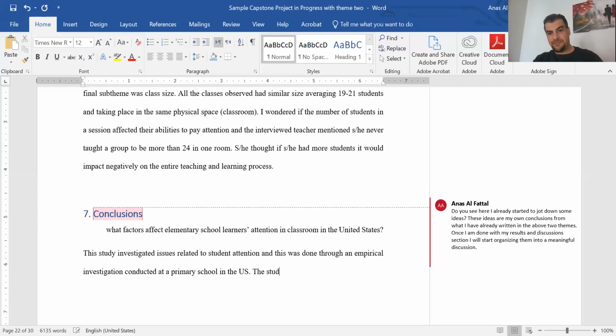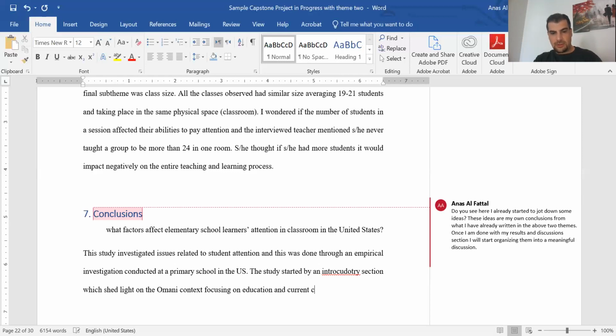The study started with an introductory section which shed light on the Omani context, focusing on education and current challenges.